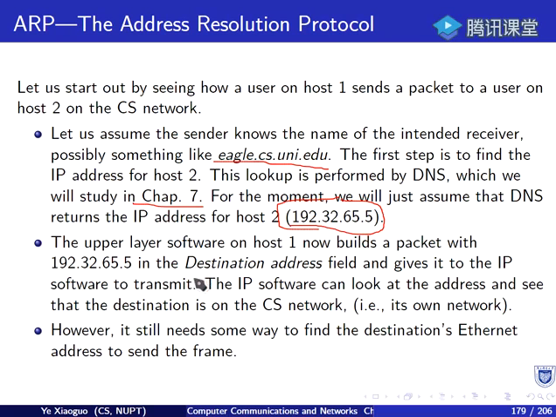The IP software can look at the address and see that the destination is on the CS network, its own network, because host 1 and host 2 are in the same local area network. However, it still needs some way to find the destination's Ethernet address to send the MAC frame.